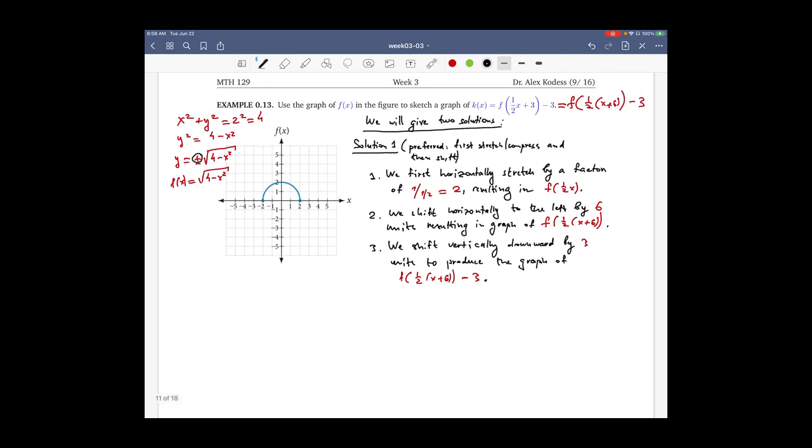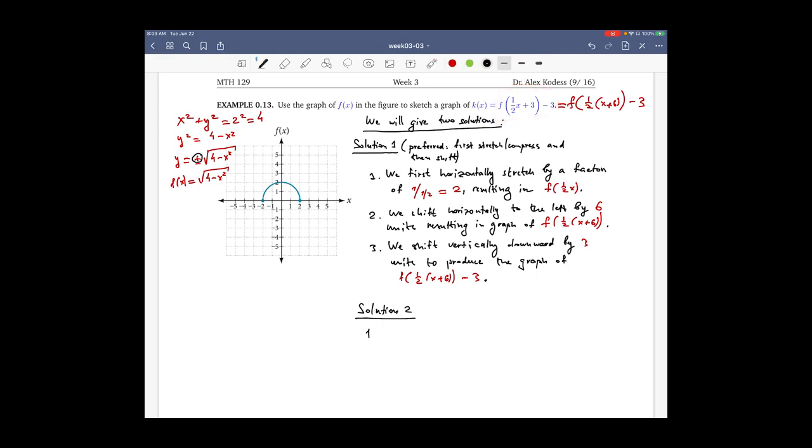All right, now the second solution. In this second solution, we will be shifting first and then stretching. For this, I will use this form.